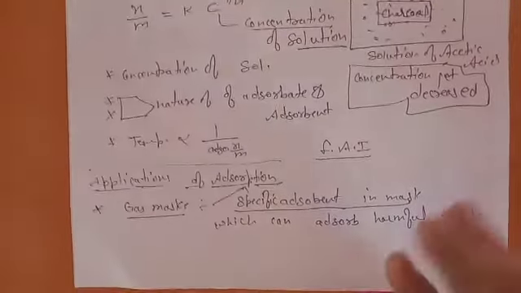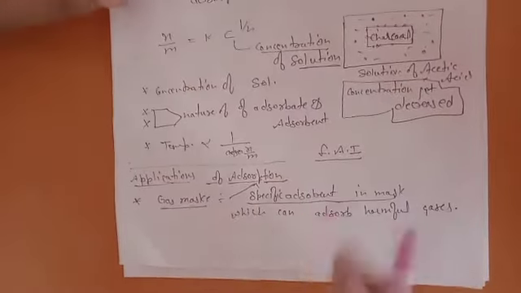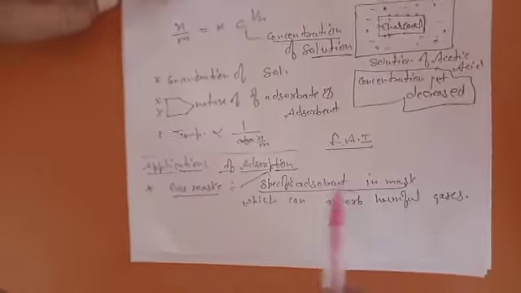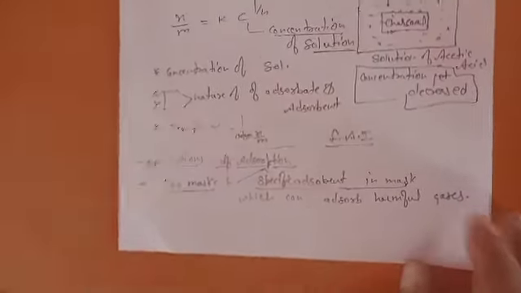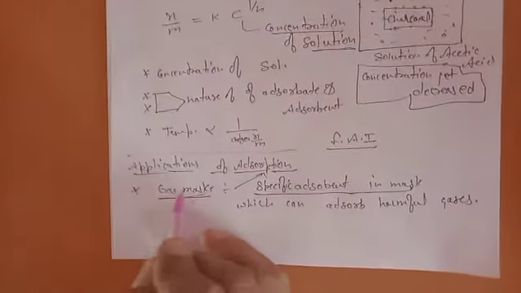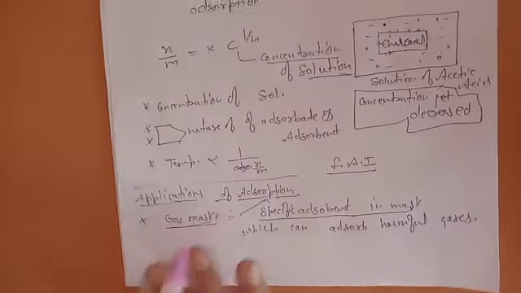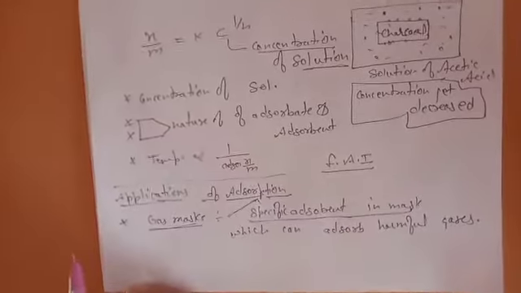So harmful gases adsorb on the surface of the adsorbent in the mask, and the fresh air goes in, inhaled by them. Okay, that's why this gas mask is all working on the basis of adsorption.